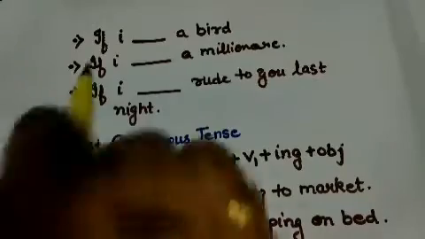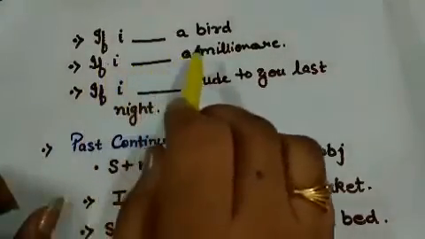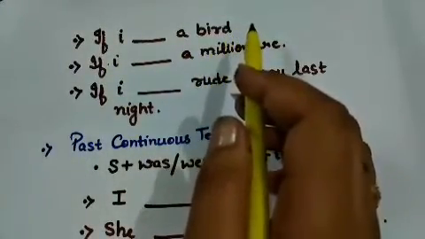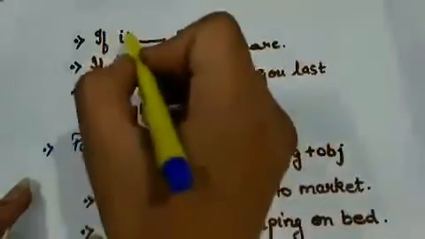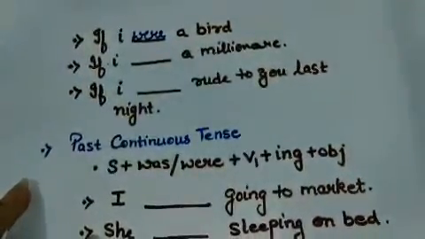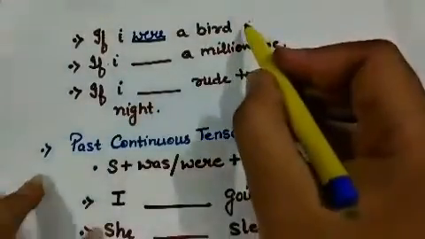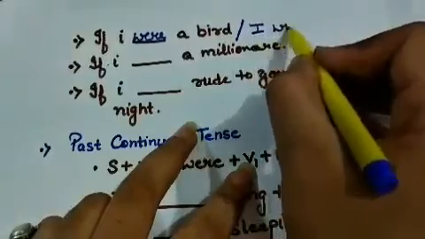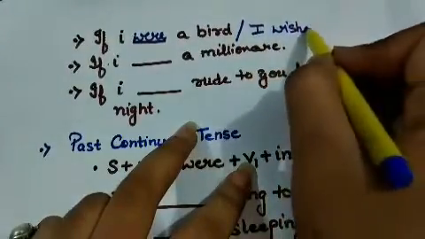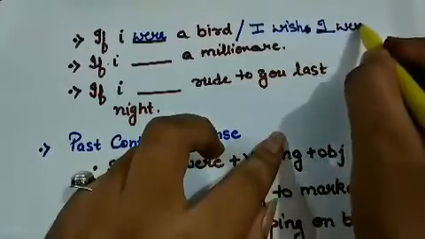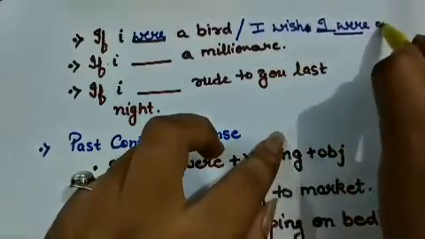Okay, like see, if I dash a bird. Now, being a bird is imagination, right? So we will use were. If I were a bird. I can also write this sentence as I wish I were a bird.